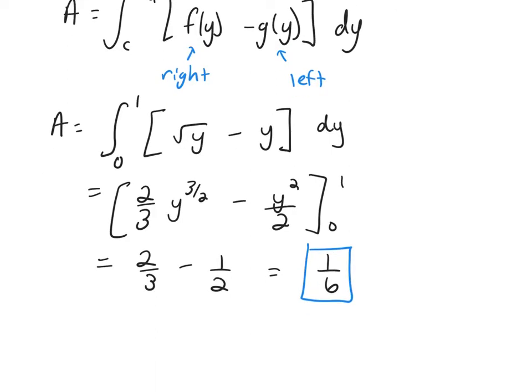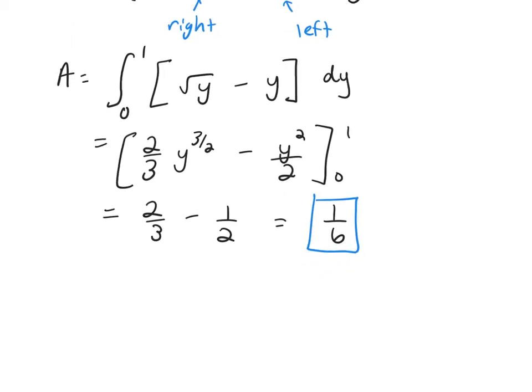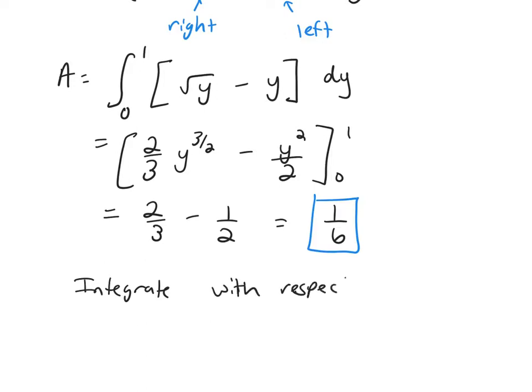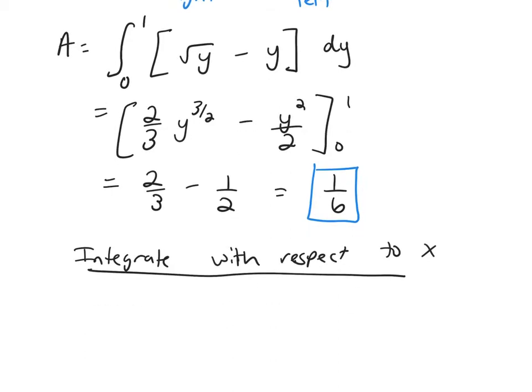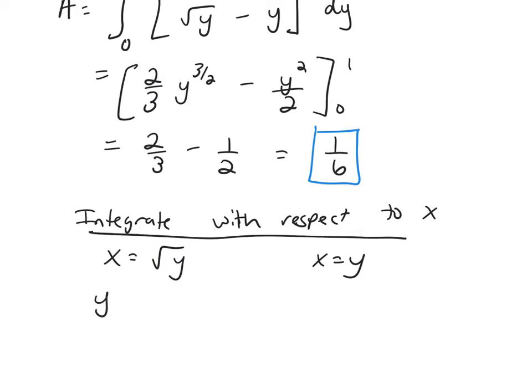Now, if you wanted to, you could do this problem integrating with respect to x. You just have to take your functions and solve for y. Integrate with respect to x. You take your two equations, so if you square both sides here, you'll get y equals x squared, and here it's already solved for y equals x.